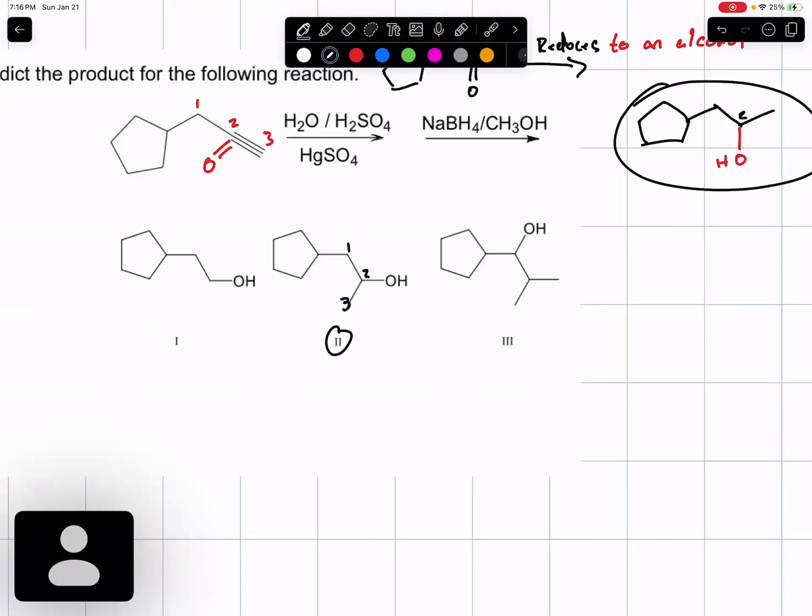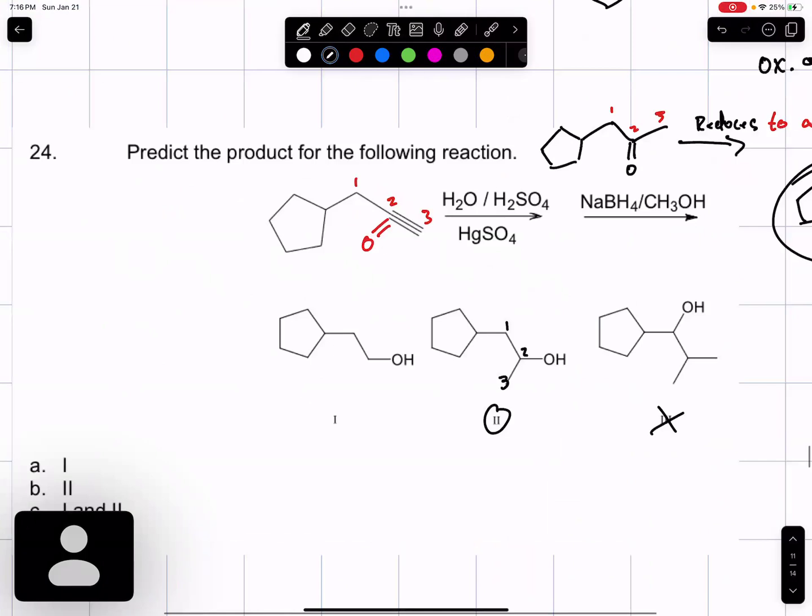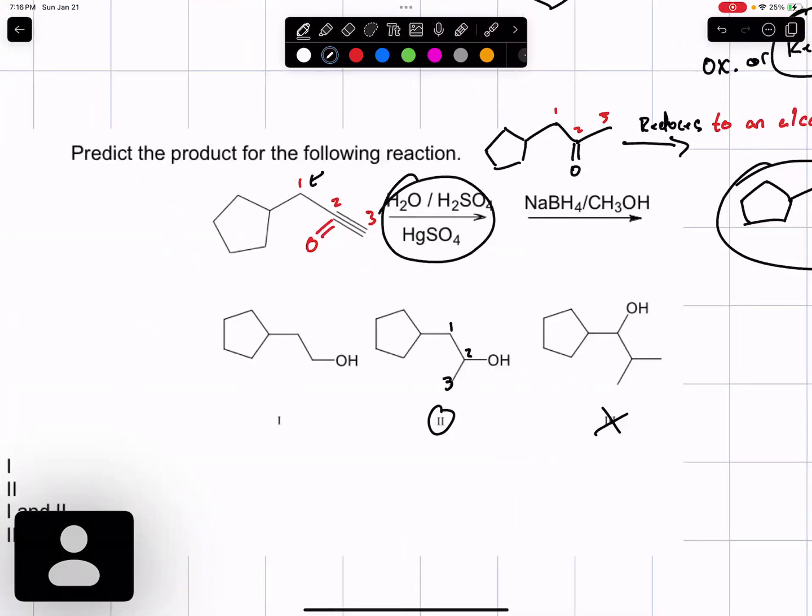Answer choice 3 is completely wrong because that added at position number 1, right? And we agreed that this makes a ketone, or a carbonyl rather, in the internal position on the more substituted side at carbon number 2. But what if I mix this up and I said it was choice 1?